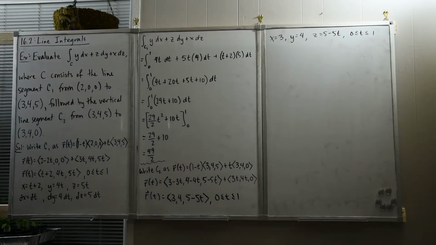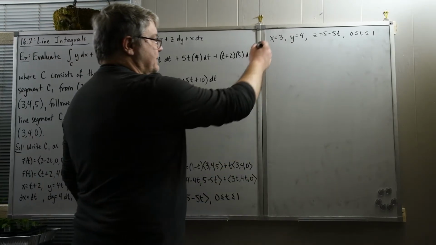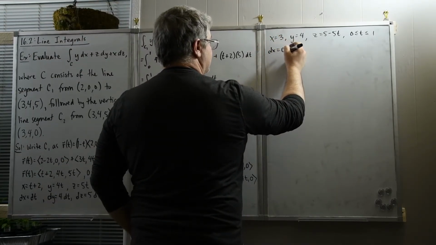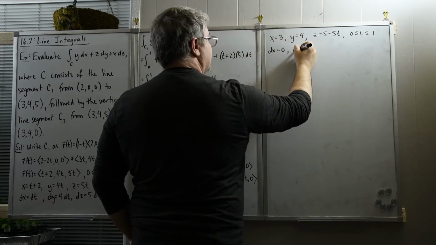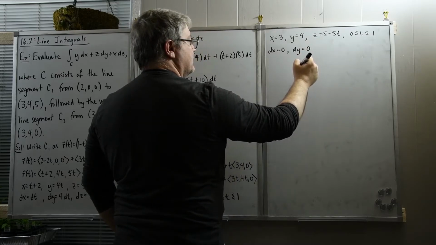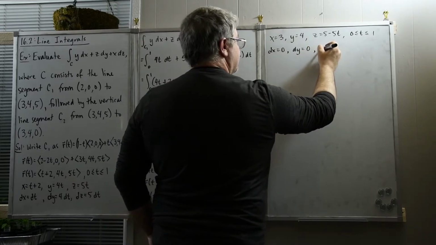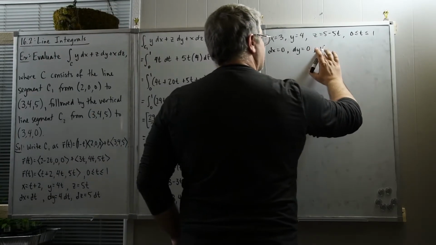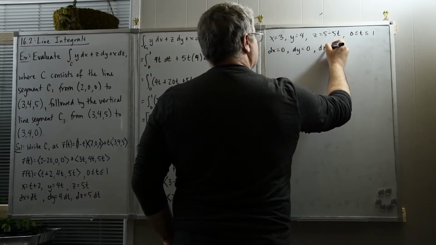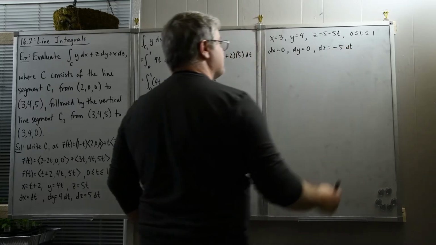I need to know something about dx, dy, and dz, however. But if x is equal to 3, dx is going to be 0. If y is equal to 4, dy is going to equal 0. And if z is equal to 5 minus 5t, then dz is going to be negative 5 dt.